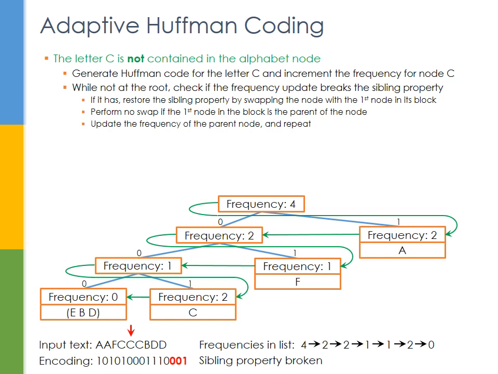So at this point, we now need to perform a correction. And what we do is we swap this node where the violation has occurred, in other words, this node with frequency of 2, with the first node within its block. So its block is this sequence of 1s, meaning that we need to swap it with the node for this first 1 frequency over here.